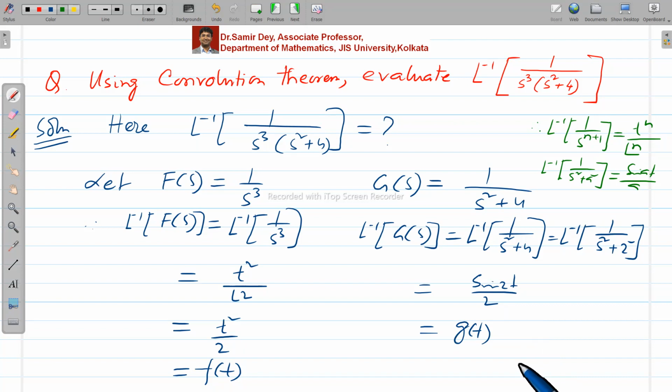Okay. So my advice to all of you, every time you should write down your formula again and again, because this is really a new topic to you. If you write your formula again and again, which one you are using at this stage, it will help you a lot. Okay, clear?